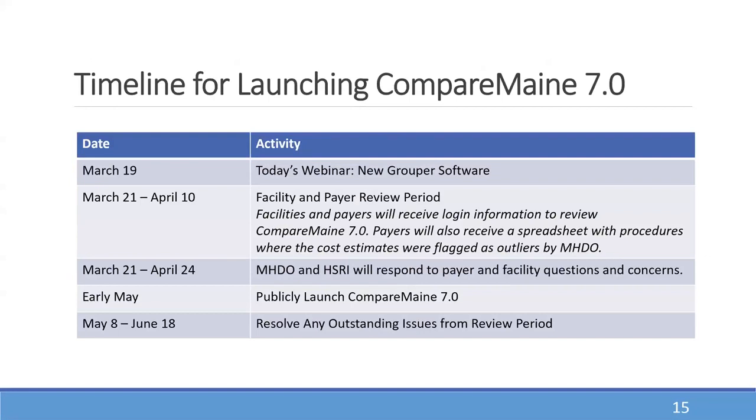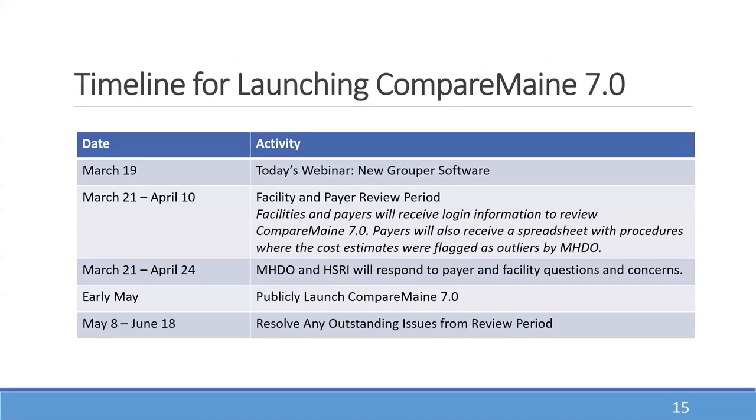And so before jumping into the timeline, just to follow up on a comment that Karen Lee made earlier, when we calculated this newest round of cost estimates using the new grouper, we were seeing costs pretty much in line with how we were using the methodology when we had the MEG.